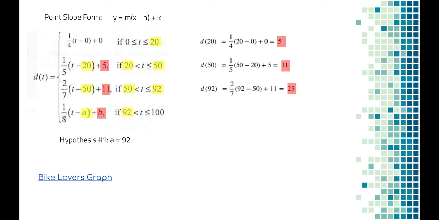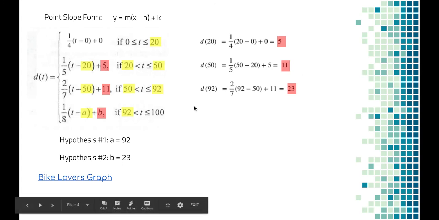And at this point, we can make a hypothesis about the value of b. We can hypothesize that b is 23. Now again, we want to stress to students, we're going to validate this hypothesis in a moment. We don't know for certain yet, but already we've seen some very interesting patterns evolve.